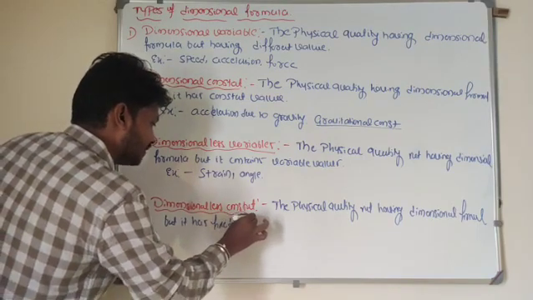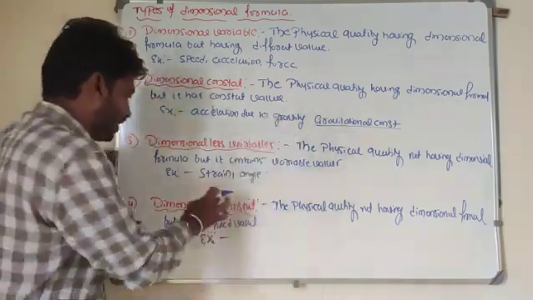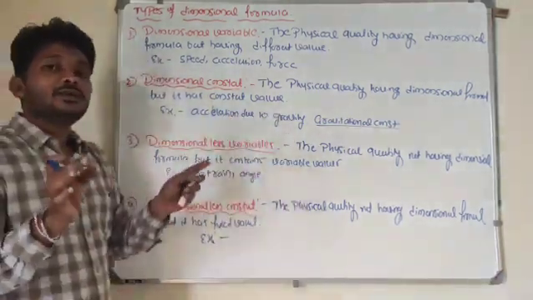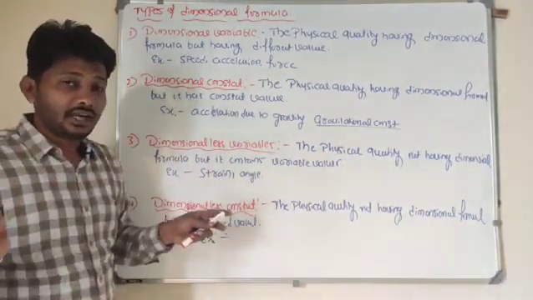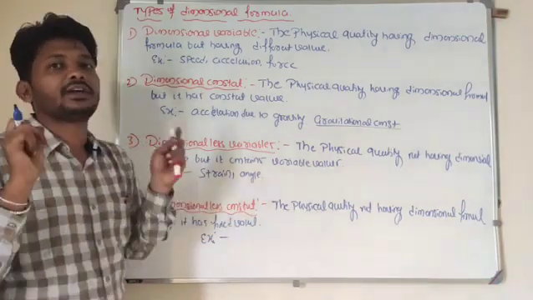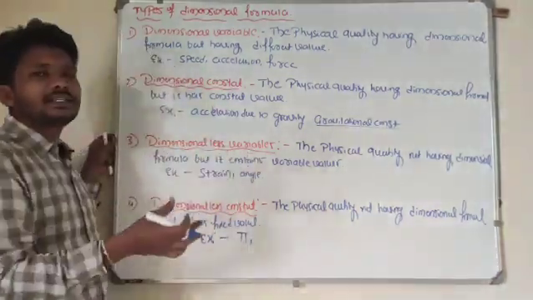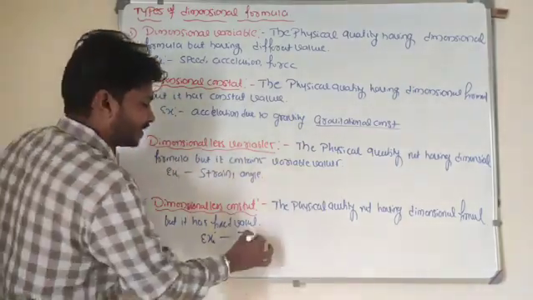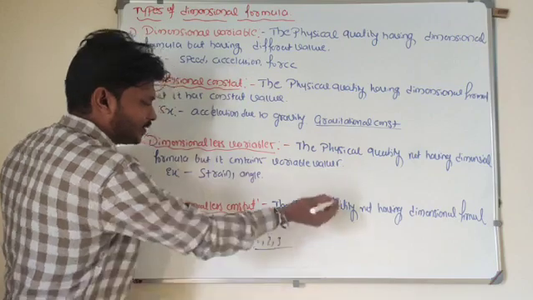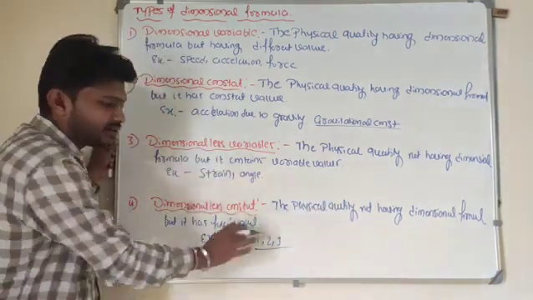So it contains fixed value. Can anybody give an example for the dimensionless constant? Some physical quantities are there, these physical quantities are not having dimensional formula, but they have constant value. So an example for that is pi. It has constant value, 3.142, but it is not having a dimensional formula. So numbers, you cannot write a dimensional formula for numbers, so they have constant value.